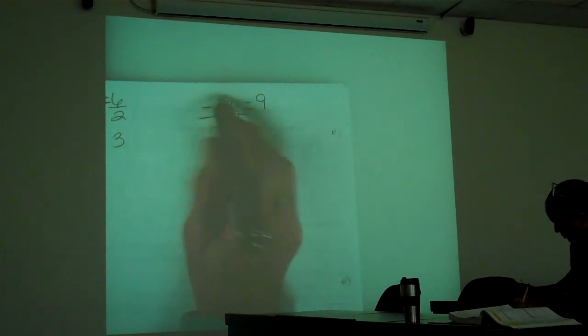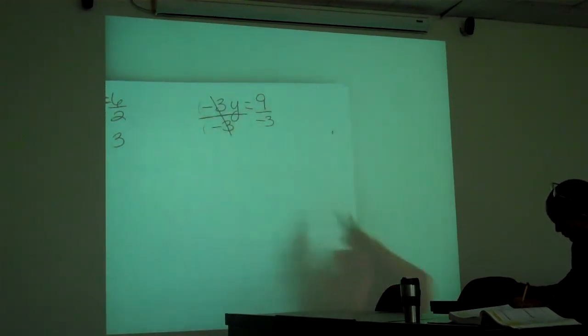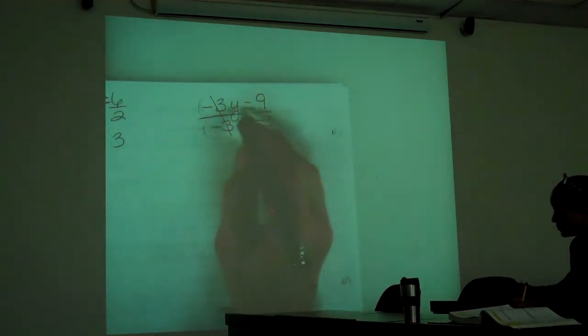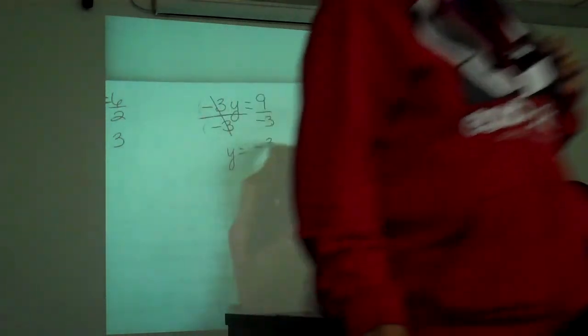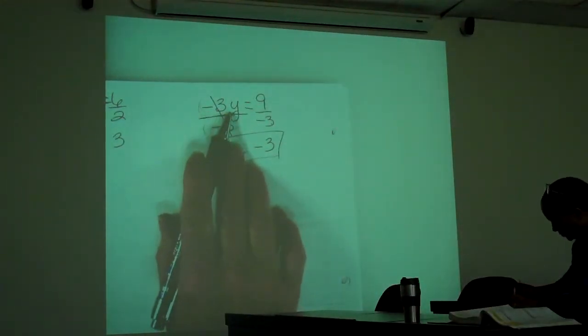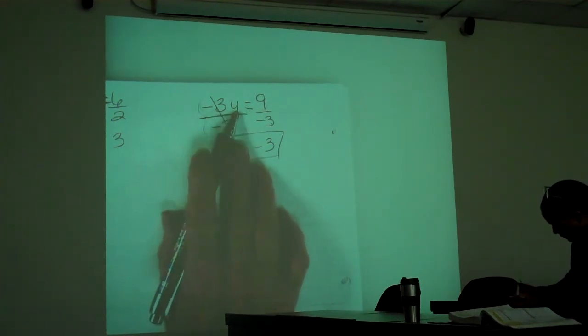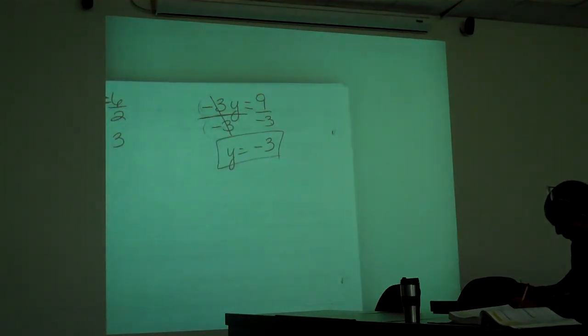You divide by the exact same thing that was multiplied. So you have y equals 9 divided by -3 is -3. So -3 times -3 is +9. So if you plugged it in here, put the -3 here, it would be equal.